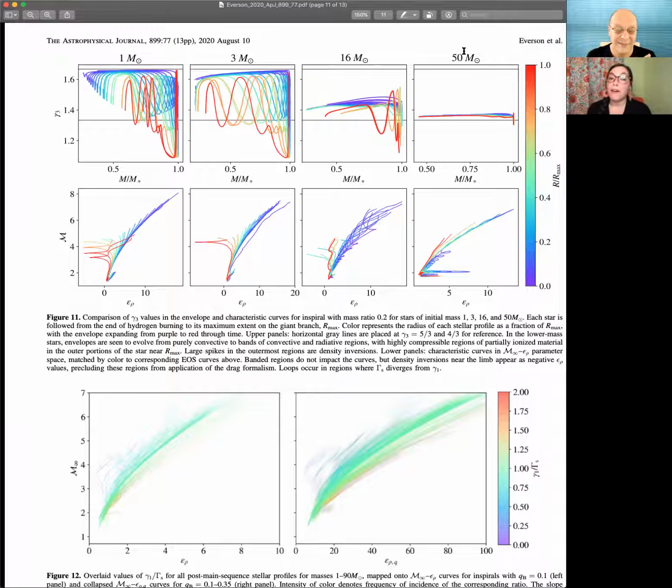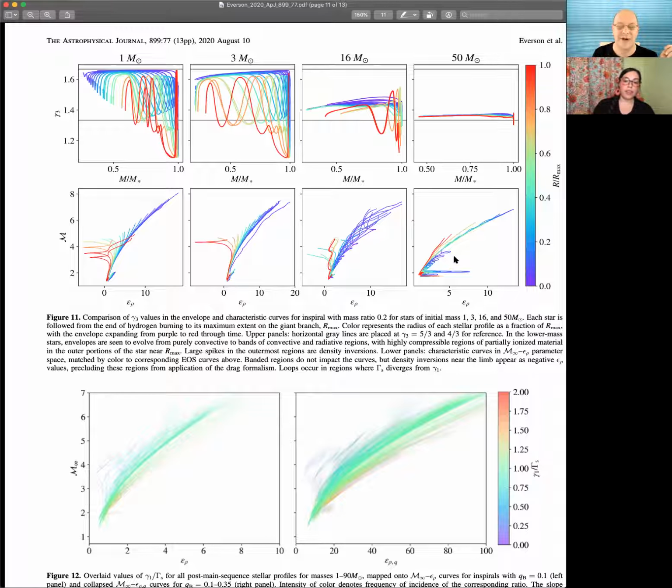Namely, the purple curves on the bottom correspond to gamma values that are intermediate between gamma 4/3 and gamma 5/3. So if you're trying to implement this right now and your profile looks like these curlicues, maybe that's not the one to use.